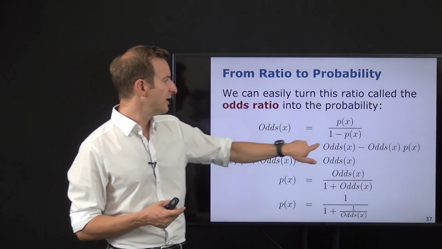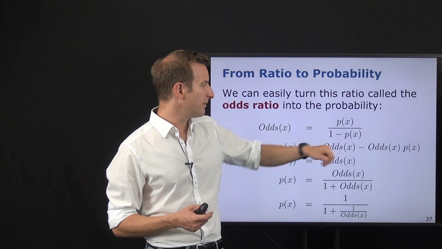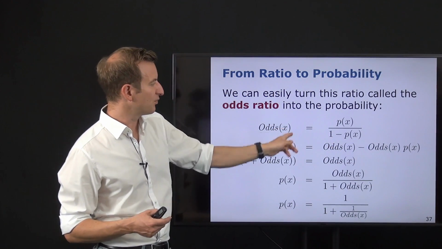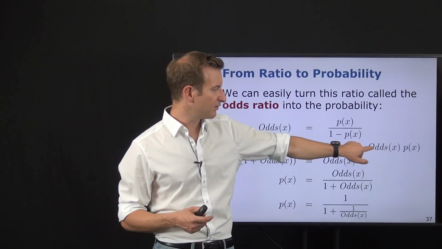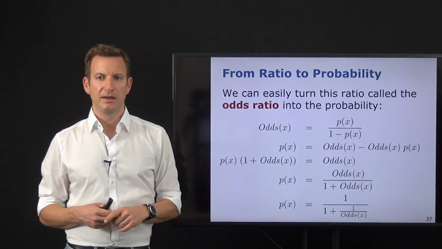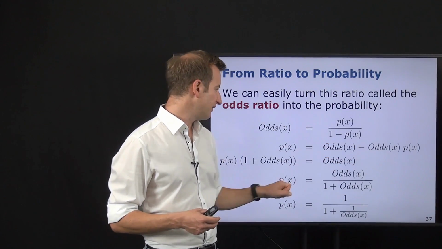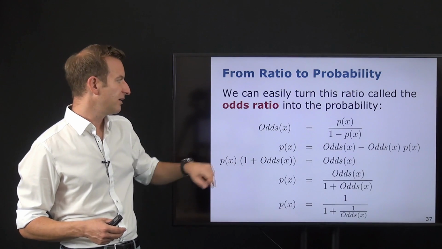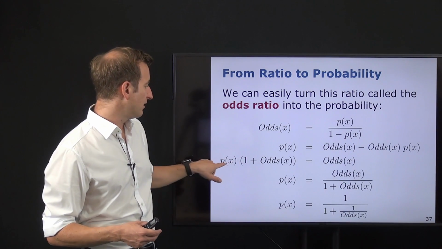So what I can do is I can multiply this equation with 1 minus p of x. And so this is multiplied on that side. If I swap the sides, I've written here p of x is odds x minus odds x times p of x. So what I then can do is I can take this one, add it to the other side, and then what remains is p of x.